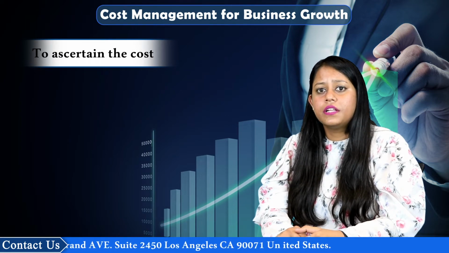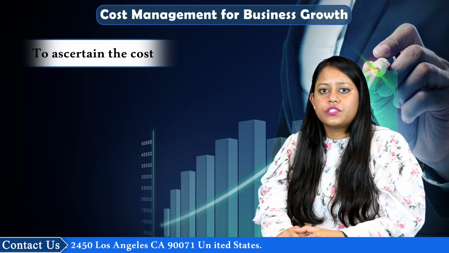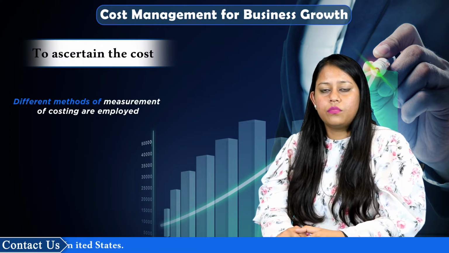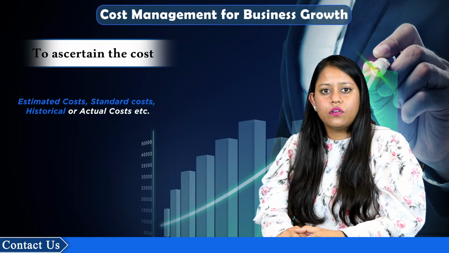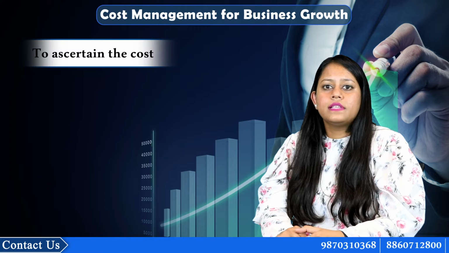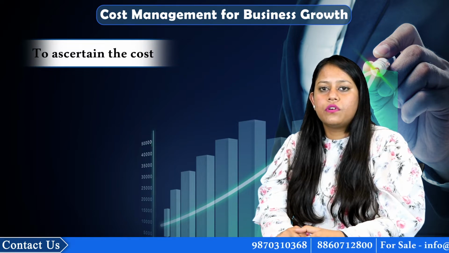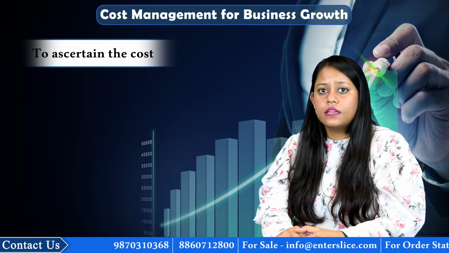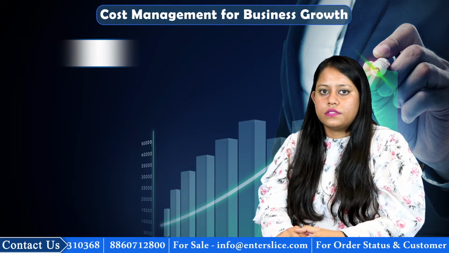Since there are different procedures for the collection of expenses, different methods of measurement of costing are employed, such as estimated cost, standard cost, historical or actual cost. This has resulted in the adoption of different methods of costing, such as operating costing and specific order costing.